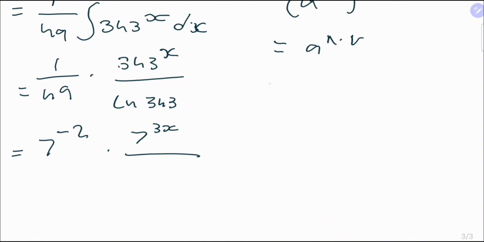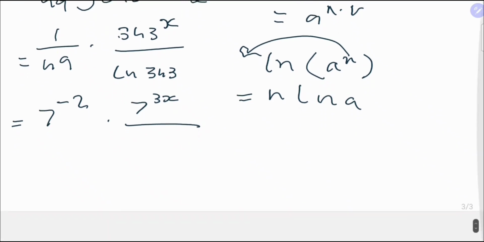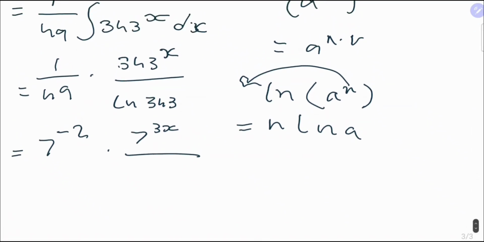You might remember a rule for natural logs. Natural log of, let's say, a to the n, we can actually move the n to the front to be multiplied by it, which is a pretty neat rule. So we can turn this into n times the natural log of a. That's a pretty cool rule. That comes in useful quite a bit of the time.